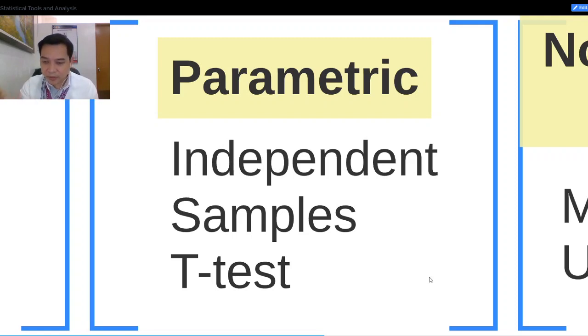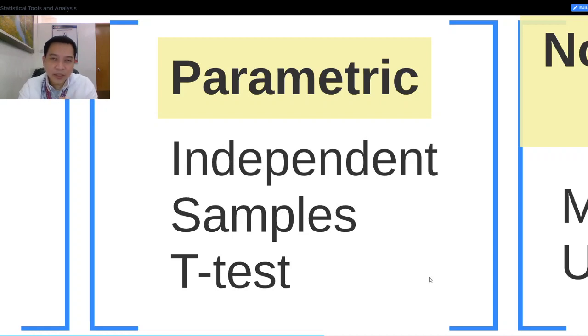That's why you have two different groups of data, two different sources of data, and yet you're comparing them. That's why it's independent samples t-test. Okay, so it's an independent sample t-test as opposed to the previous sample t-test that we had, which is paired sample t-test, or in other books they call it dependent sample t-test.